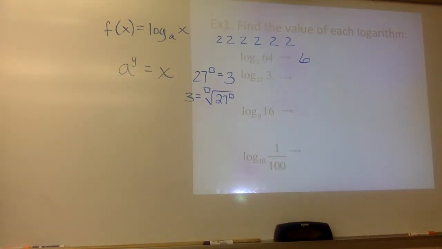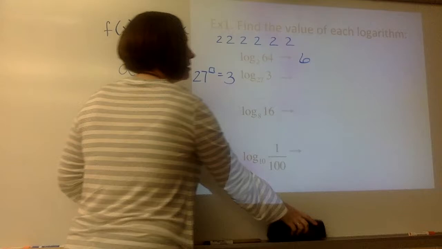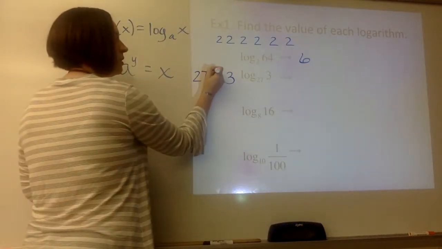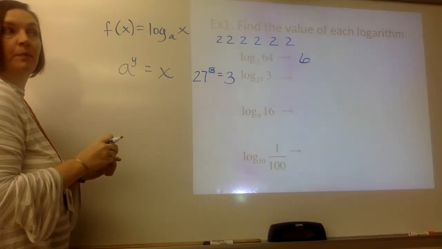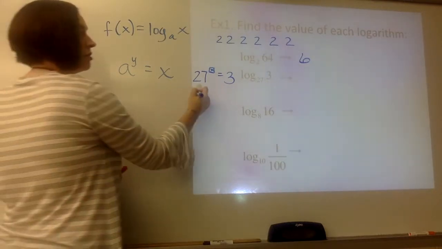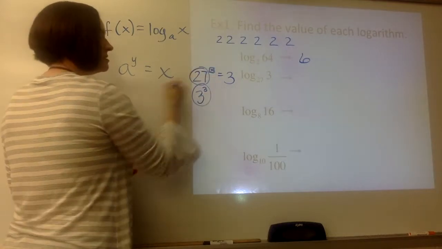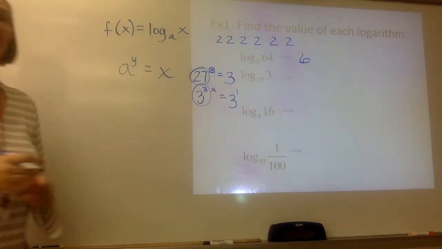Okay, once again, I'm going to show you an alternate method that's going to become the norm for doing these. If I go back to what I have here, I'm going to erase this. What's 27's base? I'm going to call this x because we don't know what it is. 27 can be rewritten as base what? 3 times 3 times 3. So this 27 became this. Replace it, it equals 3 to the first.